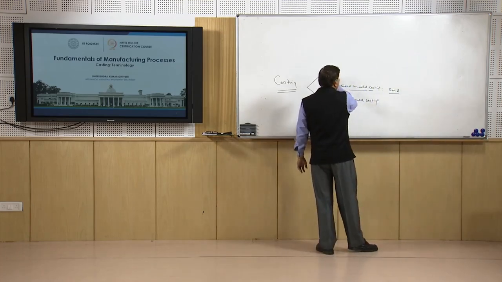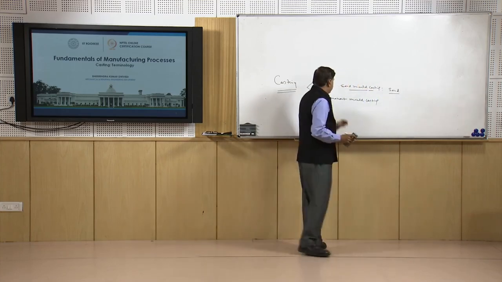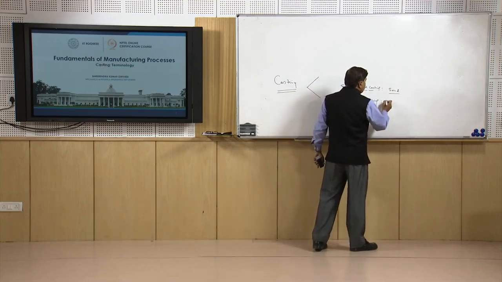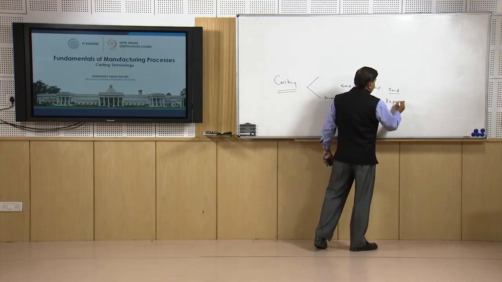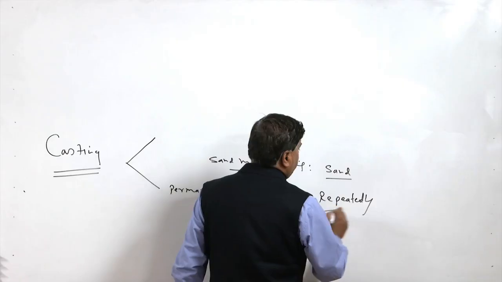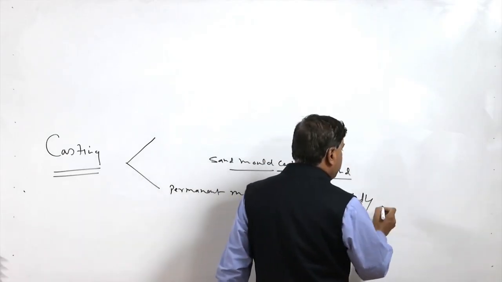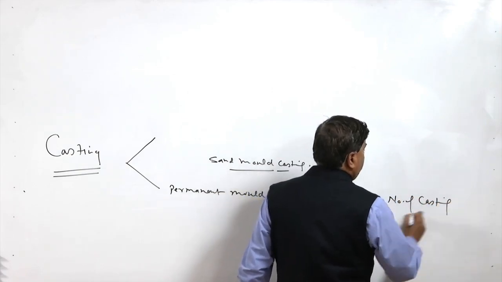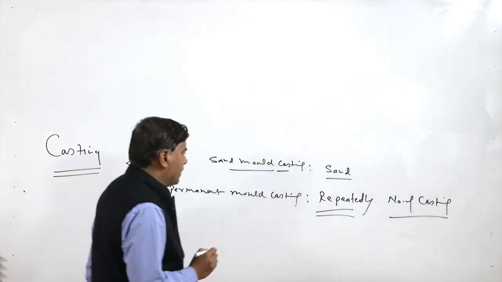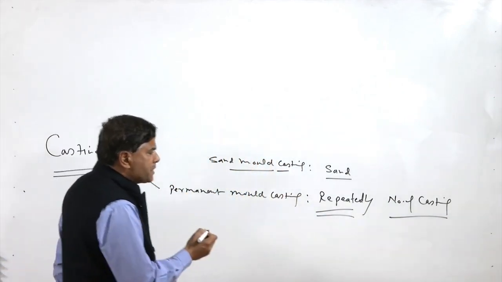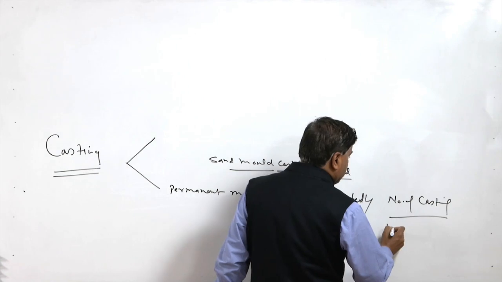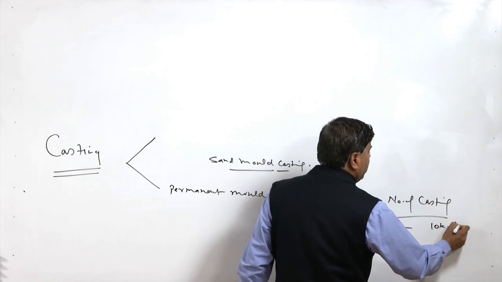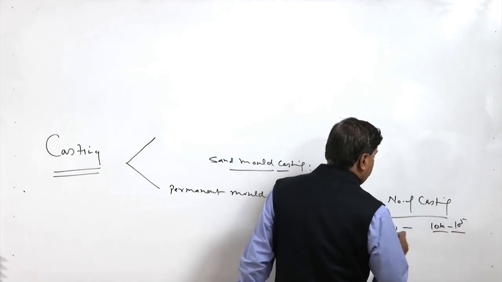After the solidification, the mold is broken, while in the case of permanent mold casting, the molds can be used repeatedly. Repeated use is allowed, and a number of castings can be made using permanent molds, and these numbers can be very high, maybe say 100 to 10,000 or even 1 lakh castings.